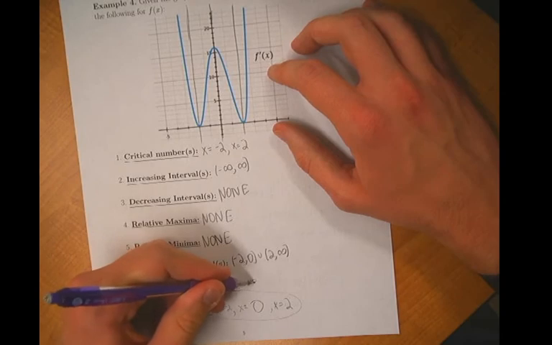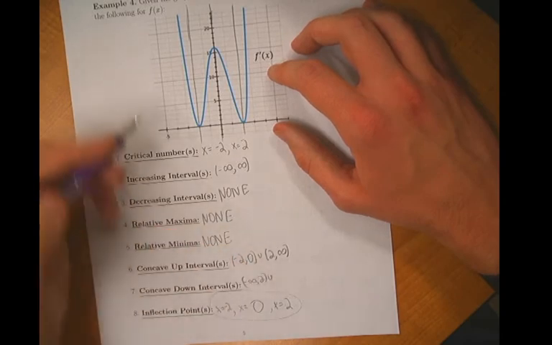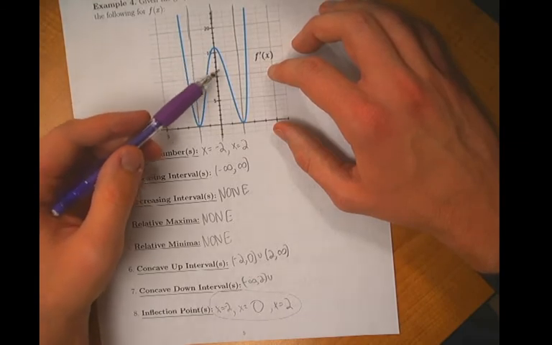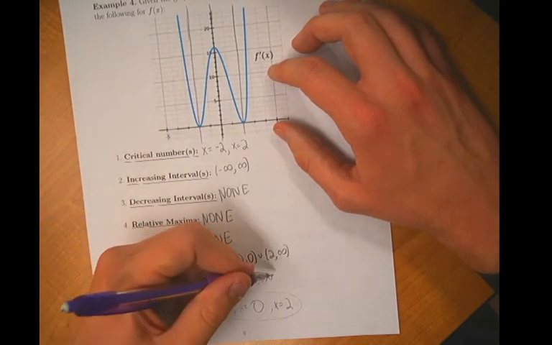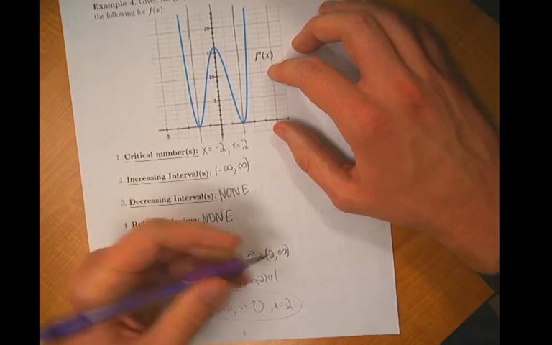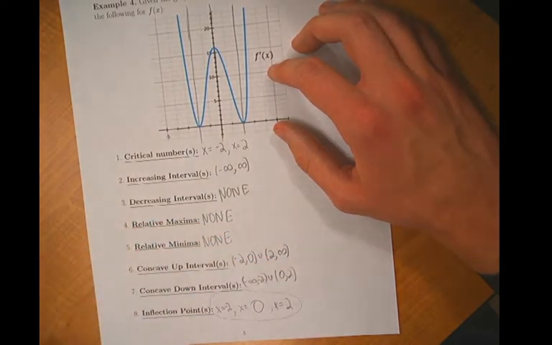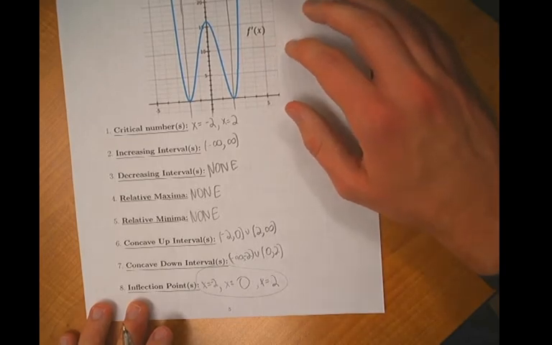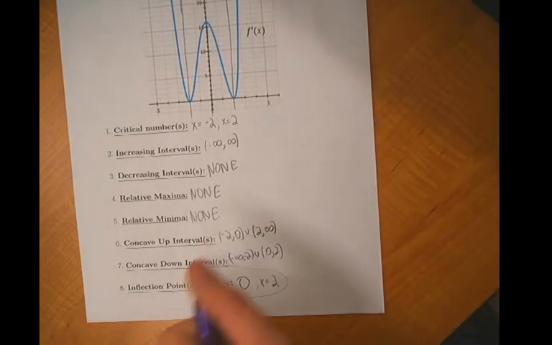Yep, negative infinity to negative 2. That's one of them. And then when is it decreasing again? 0. Yep. Sorry, it should be negative 2 and then 0 to 2. Good. Okay, and that's example 4. So, any questions on that part?